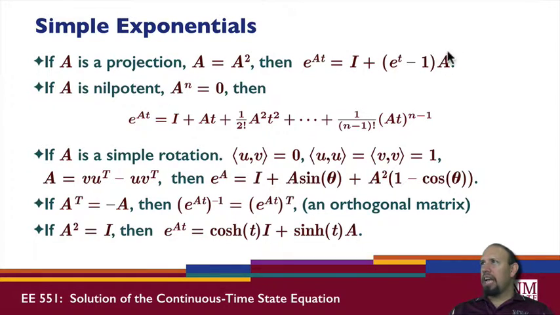So I'm not actually having to compute e to the At. The exponential term appears just in the scalar part, right here. But that's because the matrix itself is simple. It is a projection.